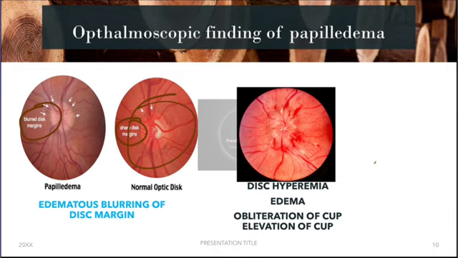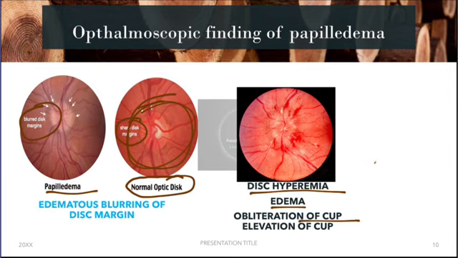Ophthalmoscopic findings of papilledema. So this is the normal fundus examination showing normal optic disc. So in case of papilledema, there is edematous blurring of disc margin. There can be hyperemia, disc edema. There can be obliteration of optic cup and elevation of optic disc.